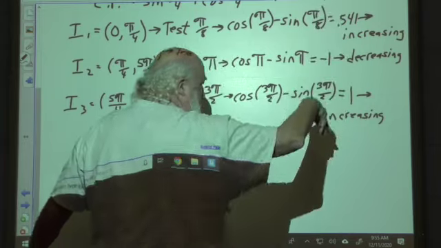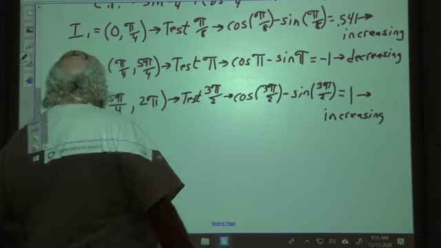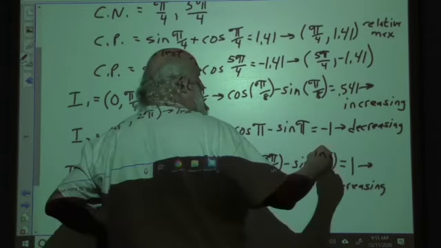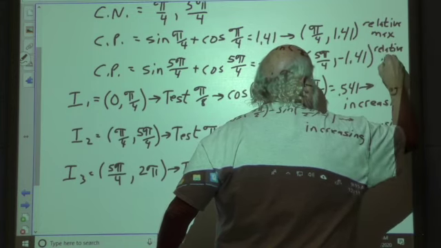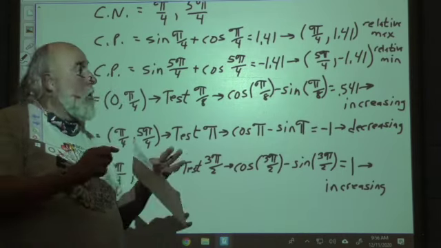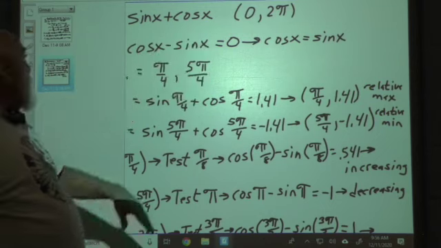It's decreasing, and then it starts to increase. So that point where it changes, the critical point, means it is a relative minimum. So, same process as before, just a limitation with your interval for the problem.